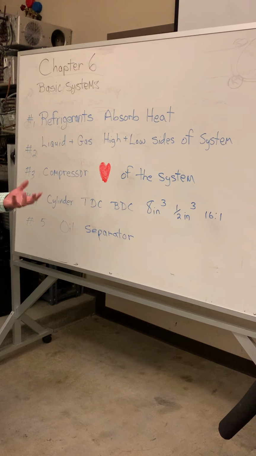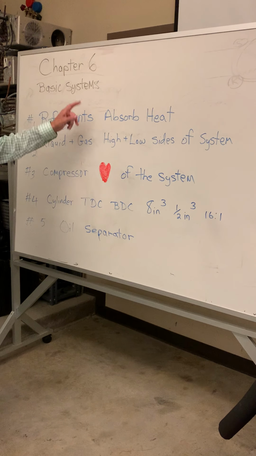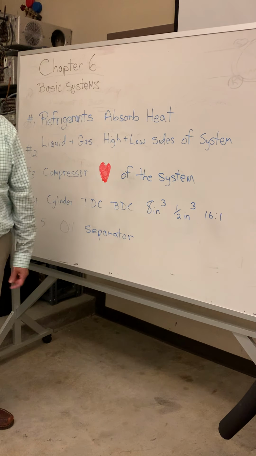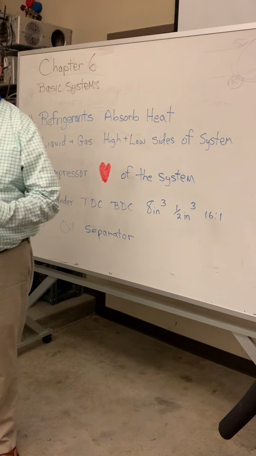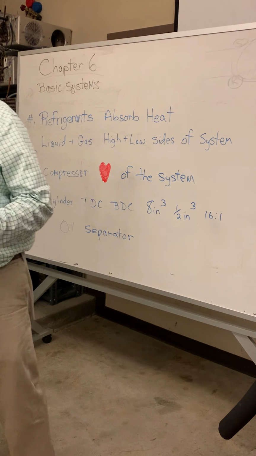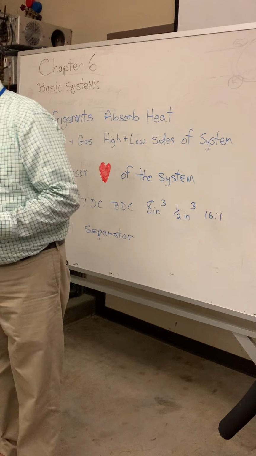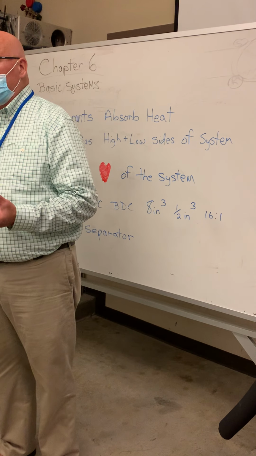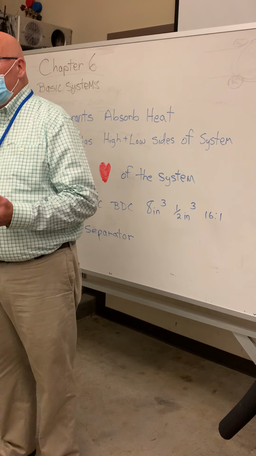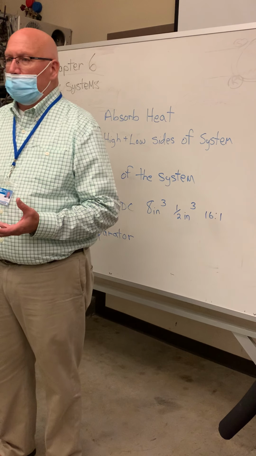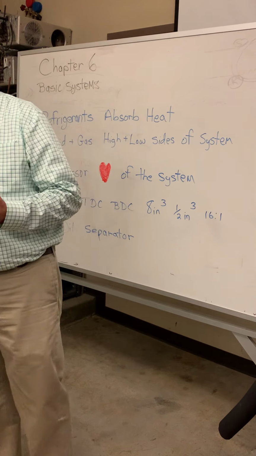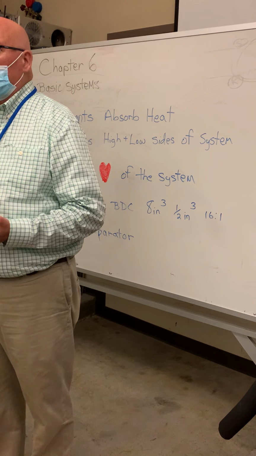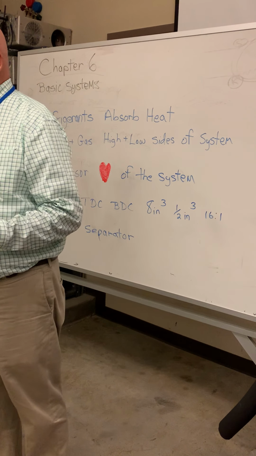But there are other things in basic systems as well. One is an oil separator. So what does that mean? Why do we need an oil separator? Well, here's the deal. At the bottom of what's called the sump of our compressor is a pool of oil called refrigerant oil.